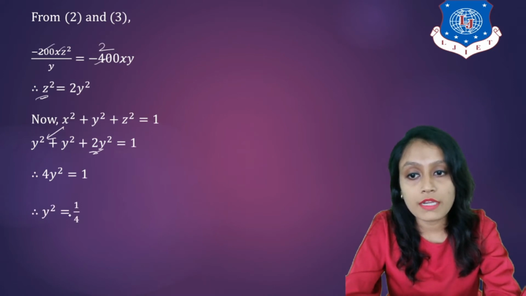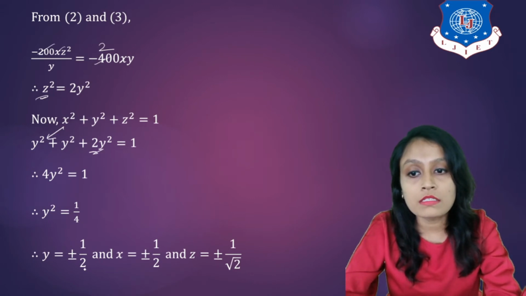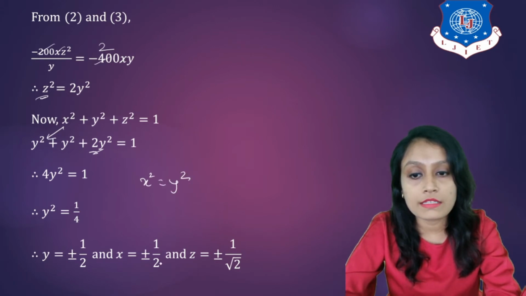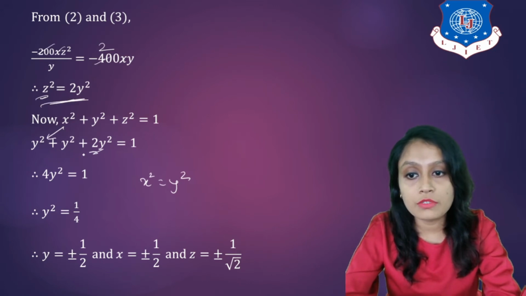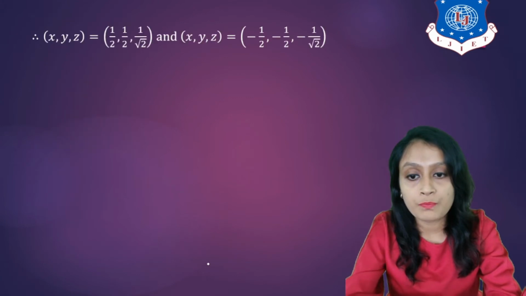Therefore y square is equal to 1 upon 4 and y is equal to plus or minus 1 by 2. Okay, now x square is equal to y square, right? So you will get the answer of x as plus or minus 1 by 2 and z square is equal to 2y square. So substitute this y square 1 by 4 here. So you will get z as plus or minus 1 by root 2.